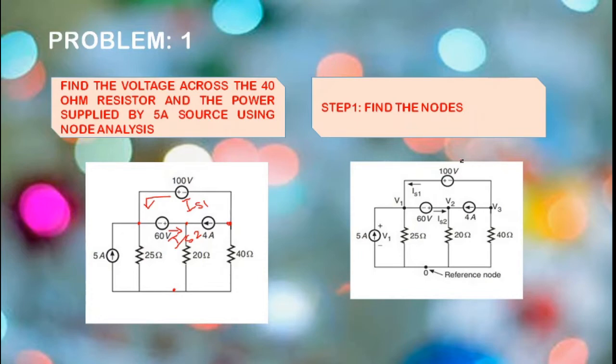I am going to form two equations using these two voltages, since I am not going to consider the voltage sources in my matrix. Similar to 100 volt, for 60 volt, the positive terminal is towards V2. So plus V2 minus V1 is equal to 60 volt. So now we have two equations. We are going to use them to get the solution.